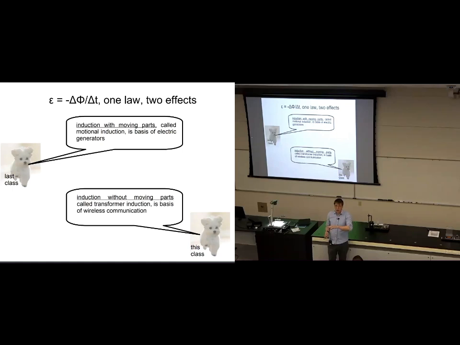It describes the effects that we're going to describe in this class, transformer induction, where there's no moving parts. It actually has a different origin. So it's a very interesting law in that the single equation actually describes two different phenomena, two different effects underneath the law. So I wanted to mention that, just in case you're interested.